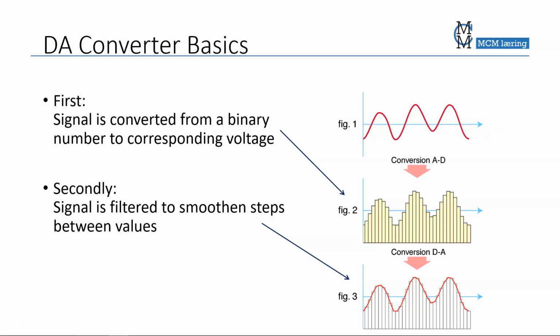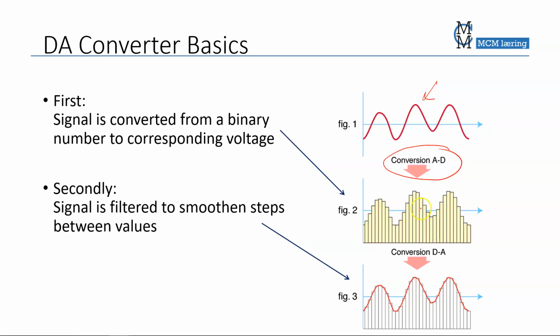First, the converter basics. You have the analog signal here. You run that through an AD converter in order to get a digital signal, which is basically a set of numbers which says something about the amplitude at different time steps.